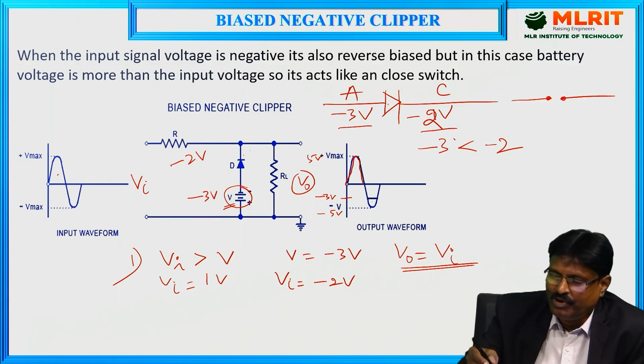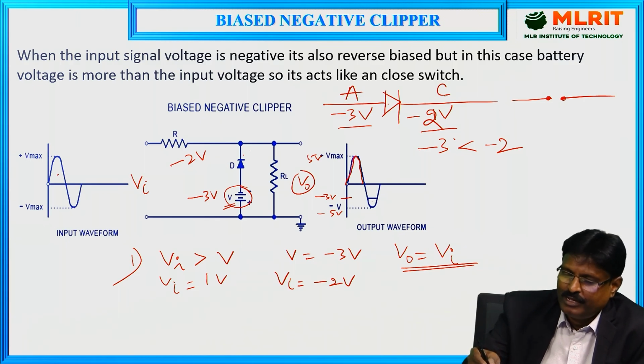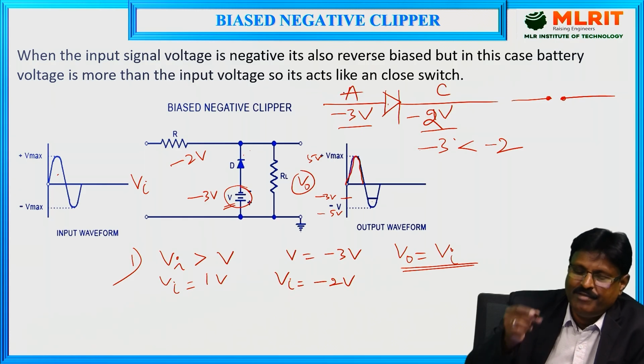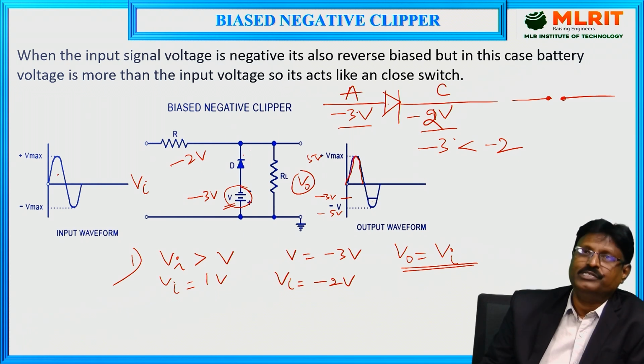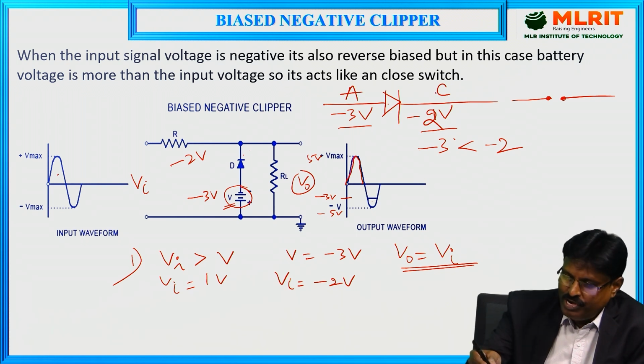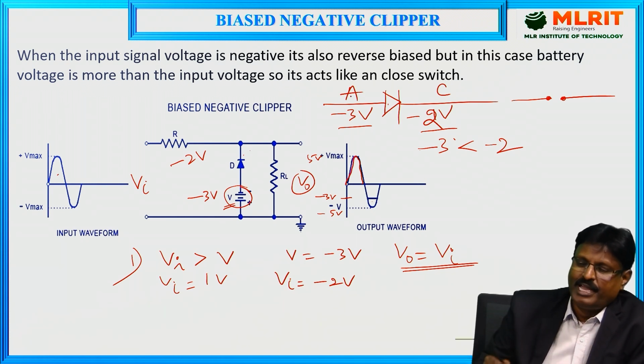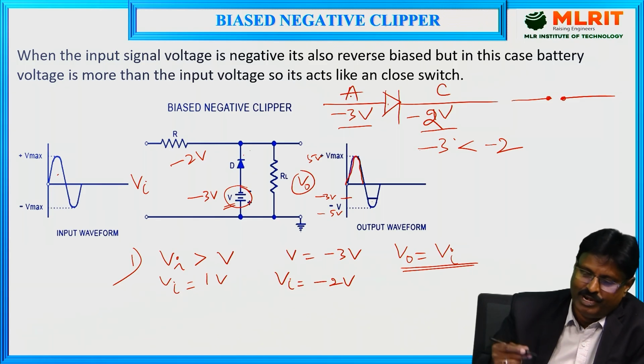Then what happens to our diode? The cathode is connected to minus 2 volts and the anode to minus 3 volts, so the cathode is at higher potential when compared with the anode.